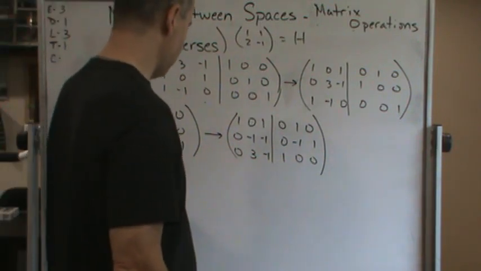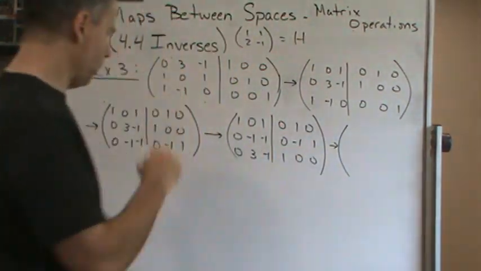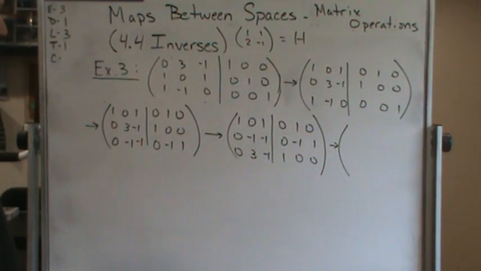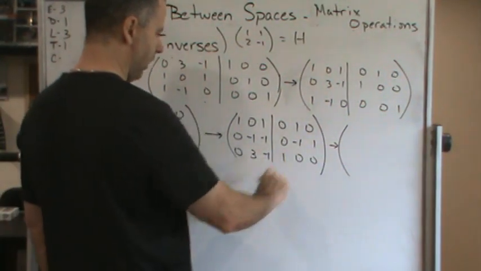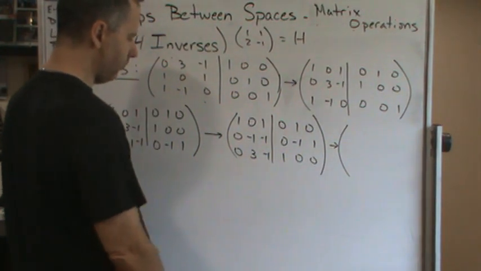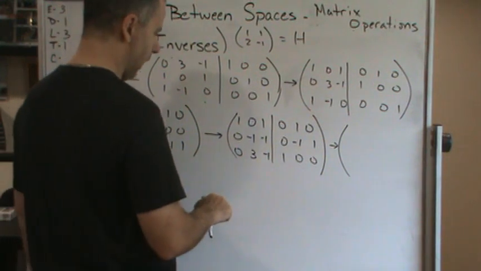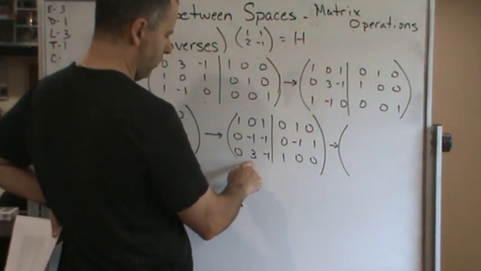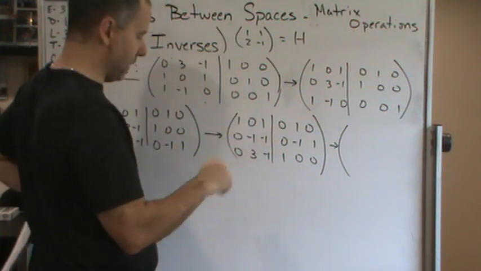Okay, so now let's do another one. Here, I can multiply this row by negative 1, and I can also get rid of this 3 here, doing two steps at once.